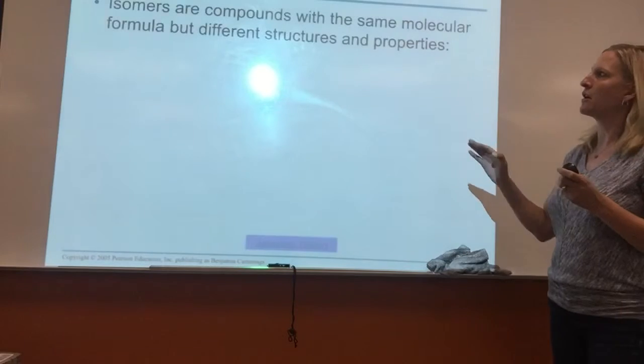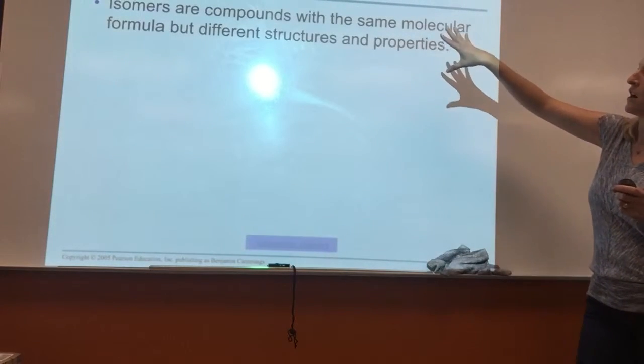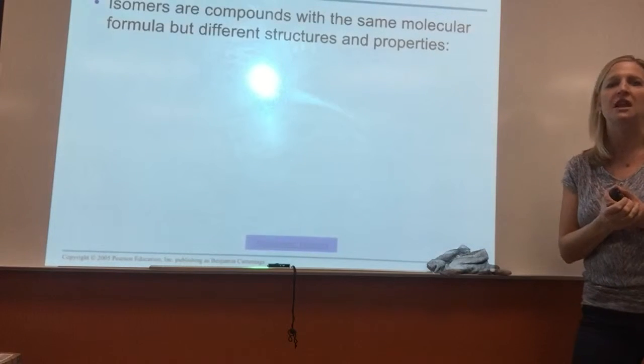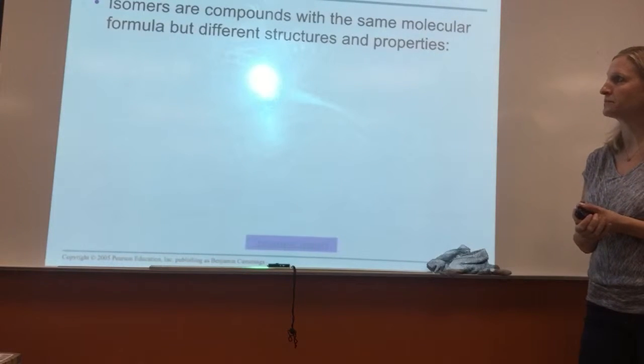All right, so I introduced with some of the pictures we looked at yesterday, I introduced this term isomer. And so an isomer, by definition, are compounds with the same molecular formula but different structures and properties.